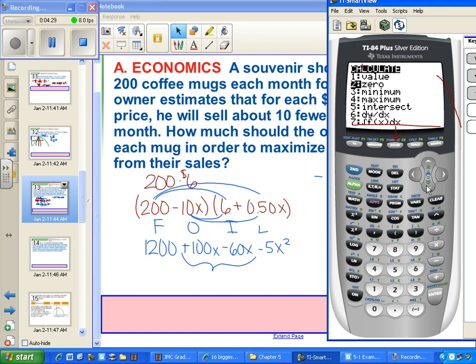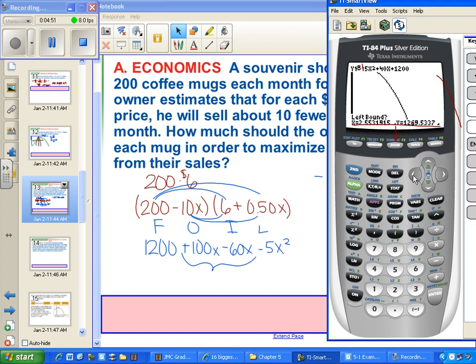So choose number 4. Now we got to look at the directions. It says left bound. So that means you go to the left of the maximum point. So my cursor's in the center now, so I need to go over to the left until I reach just beyond it. And I don't need to go far beyond it, just a little bit beyond it.